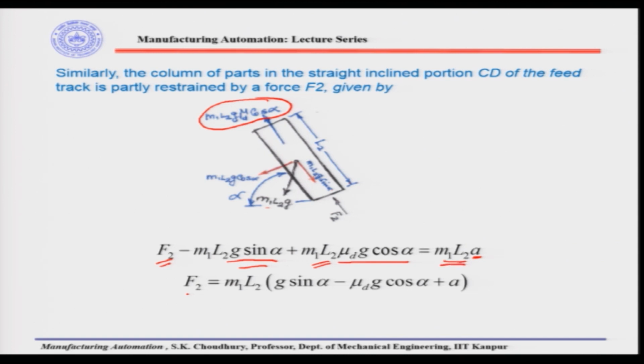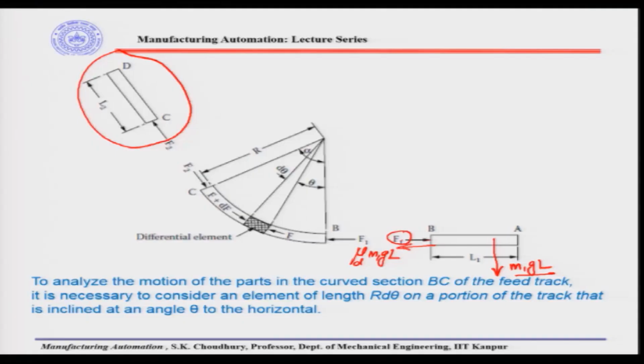So, we have two equations, one for the straight sector and another for the sector inclined at an angle alpha with the horizontal. This is the free body diagram, as we said. For these two elements we have the equation of motion, and for the curved portion, to analyze the motion of the part in the curved section BC of the feed track, it is necessary to consider an element of length r d theta on a portion of the track that is inclined at an angle theta to the horizontal.